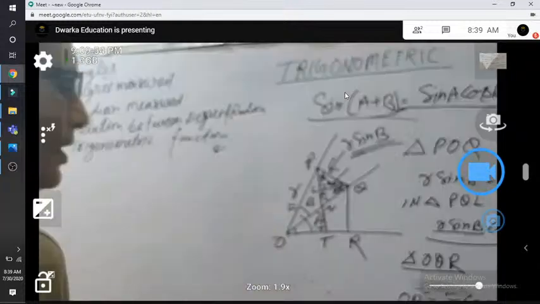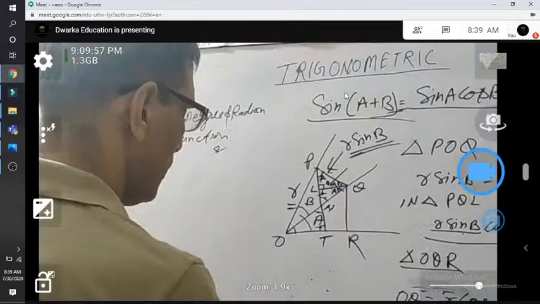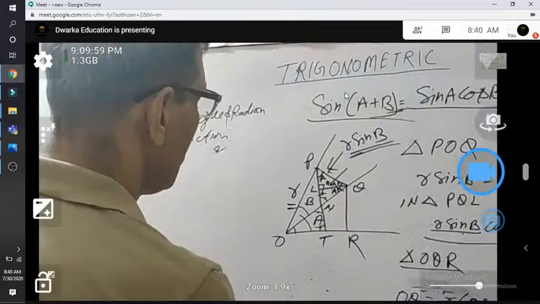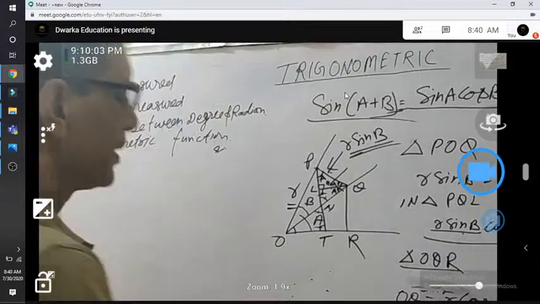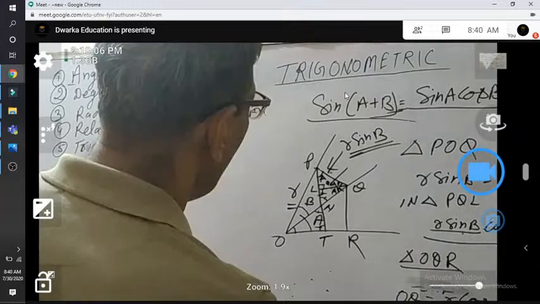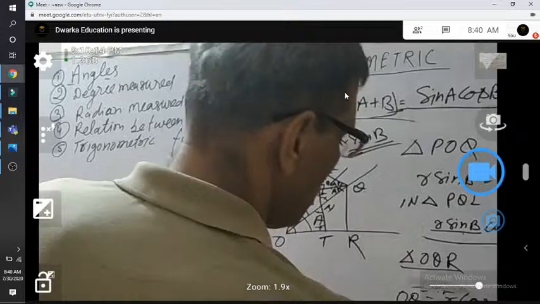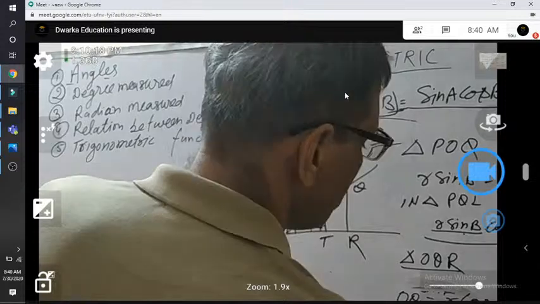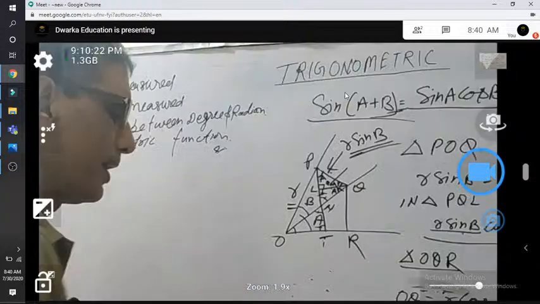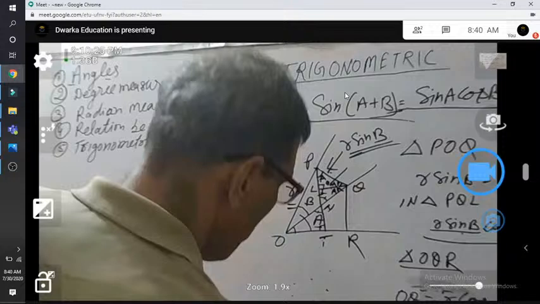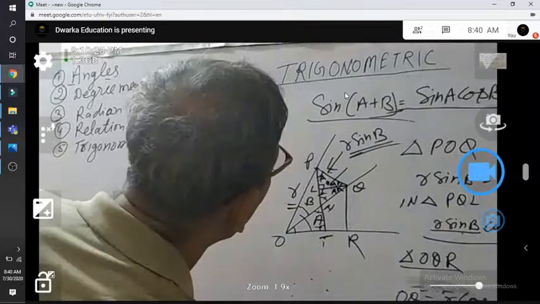In triangle PTO, this is a right angle triangle at T, and R sine A plus B is equal to PT. Now PT is equal to PL plus LT.